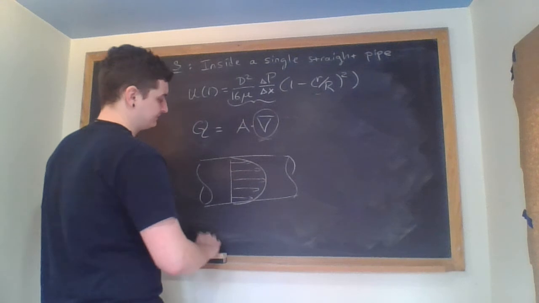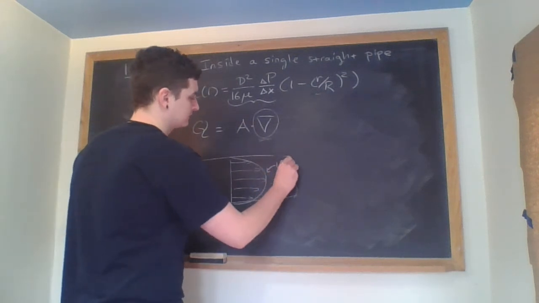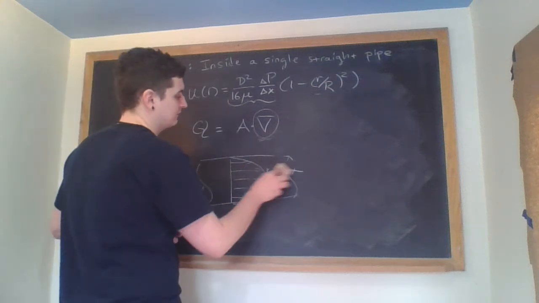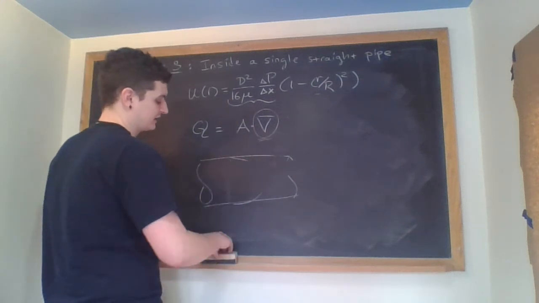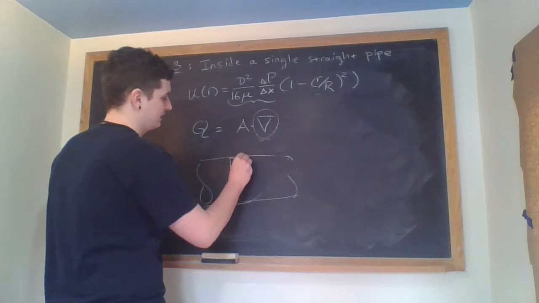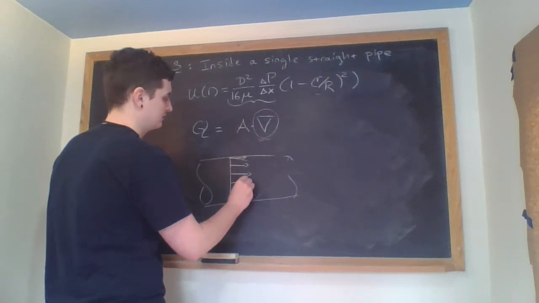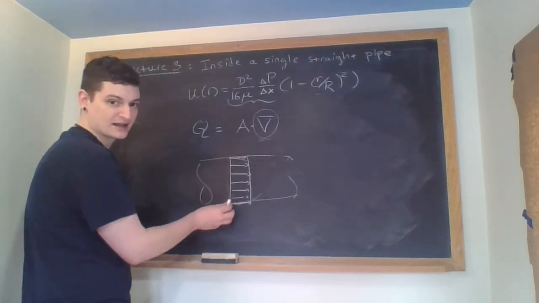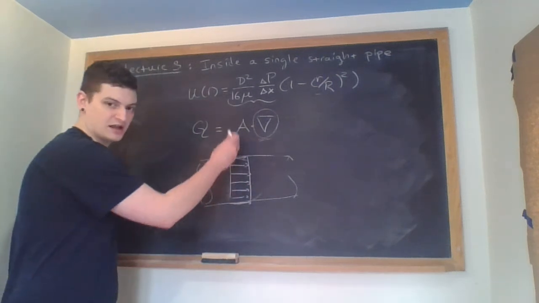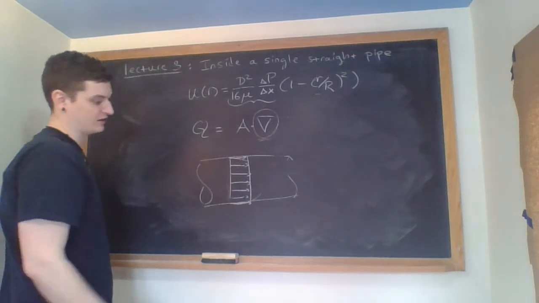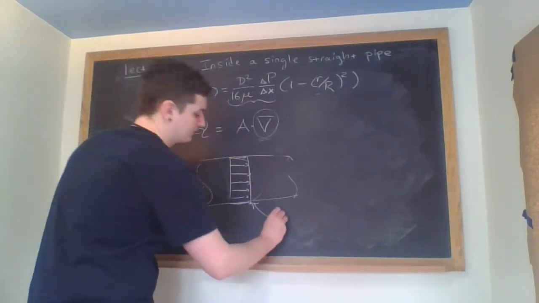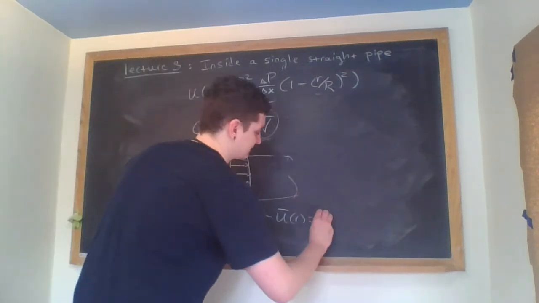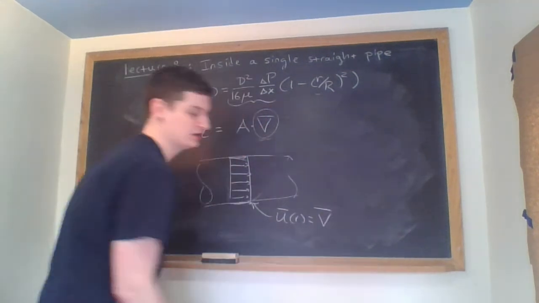So I want to figure out, that's a u of r right there. But the next calculation we're going to do is imagine that it is a totally constant velocity profile, where this mean u of r is equal to just the constant value of this V bar.